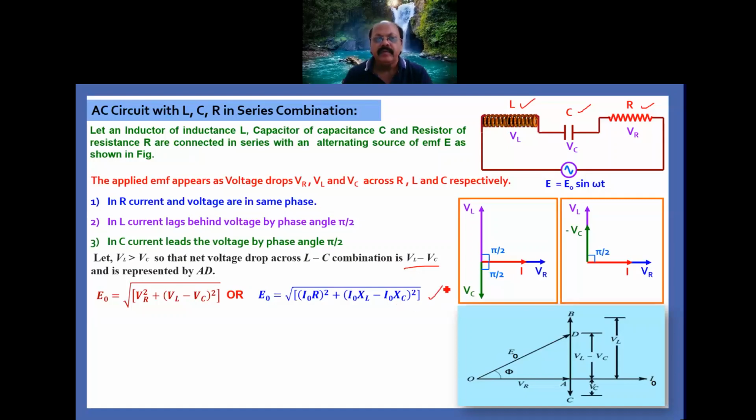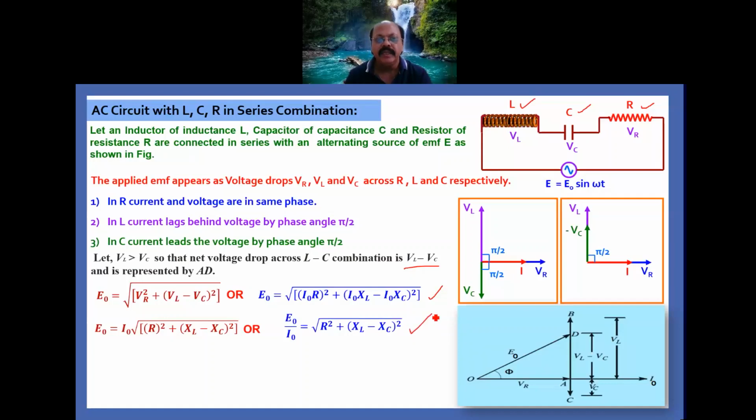Now take I naught outside the under root: E naught equals I naught under root R square plus XL minus XC whole square. Rearranging, E naught upon I naught equals under root R square plus XL minus XC whole square.